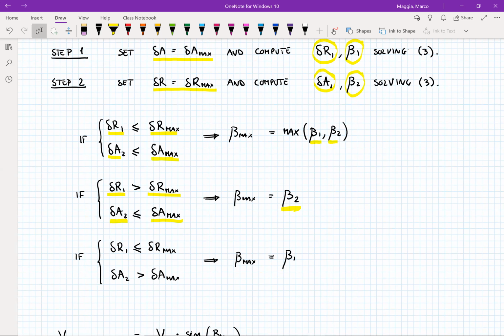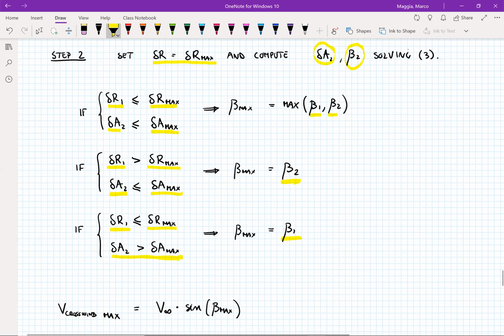Now the third case is that if instead delta A2 is higher than the limit, but the rudder deflection is below the limit, then the maximum side slip angle is the one that you computed in step 1.